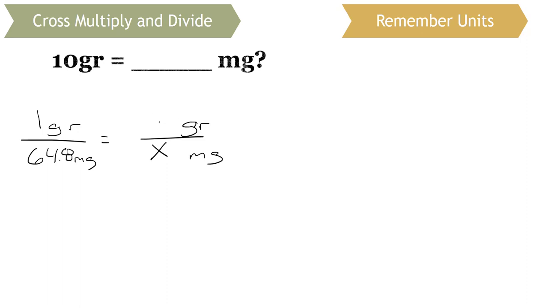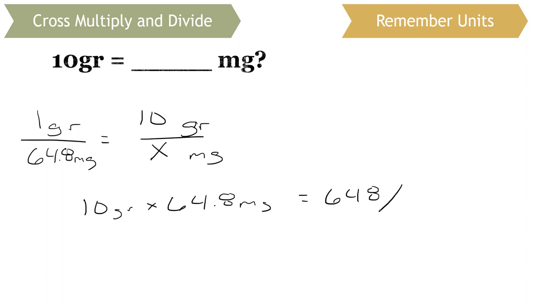I have 10 grains, so I'm going to take 10 grains times 64.8 milligrams. It's going to give me 648. Divide 1, 648 milligrams. 10 grains is equal to 648 milligrams.